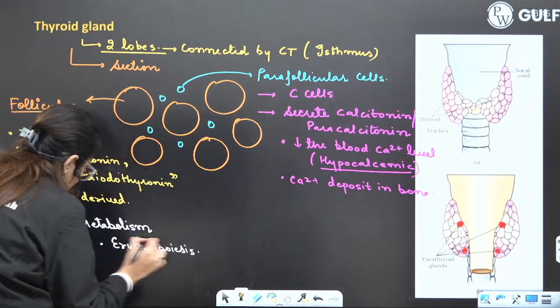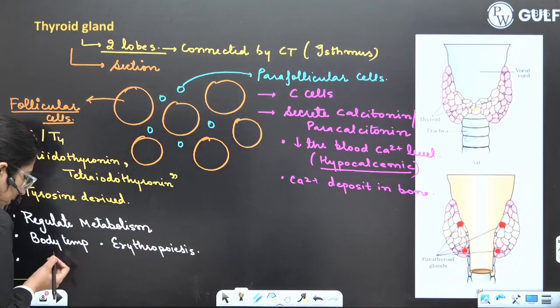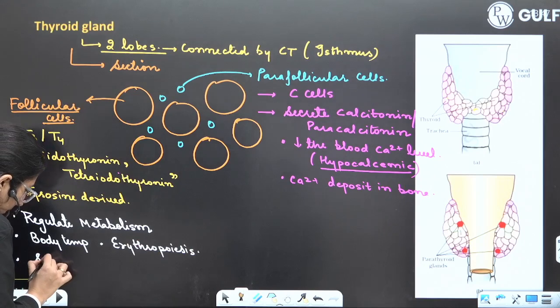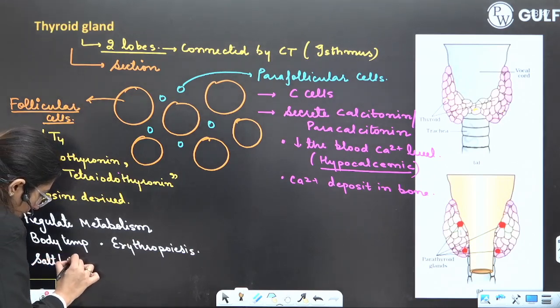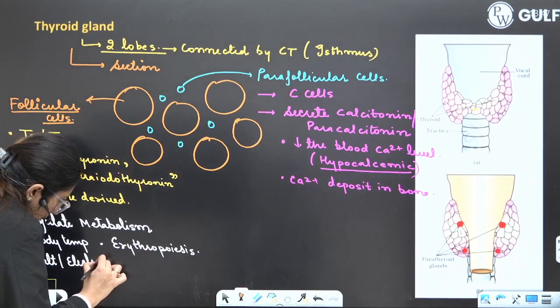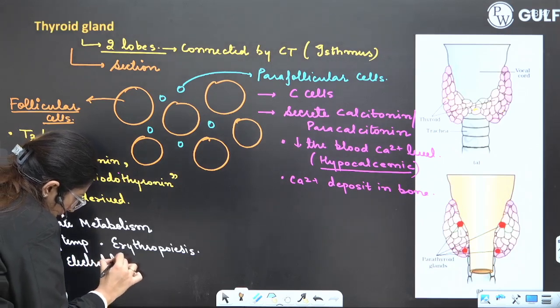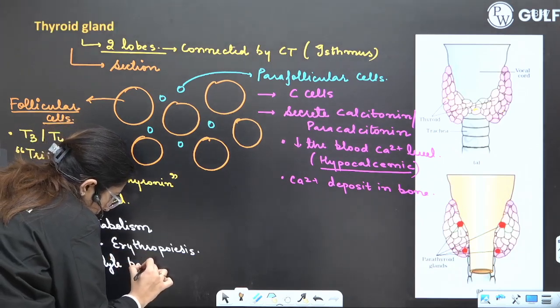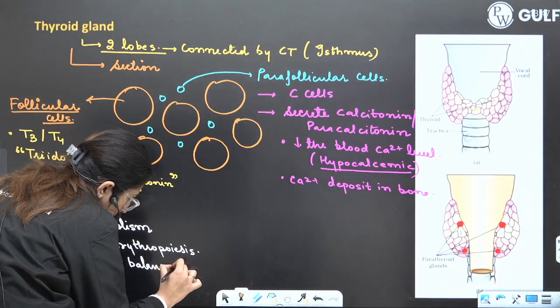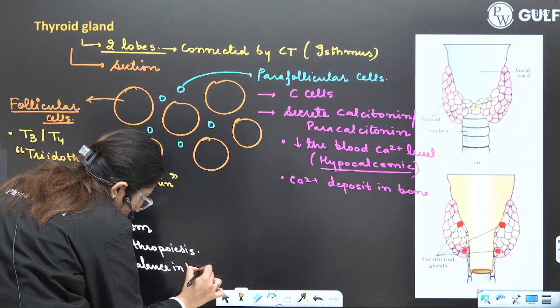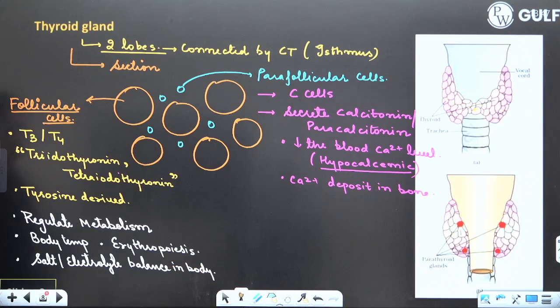And the homeostasis, that is the salt and electrolyte balance in the body, is because of this T3 and T4.